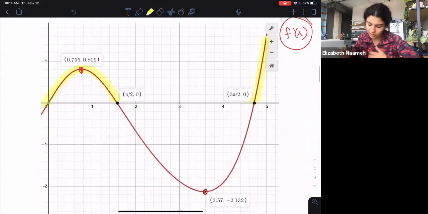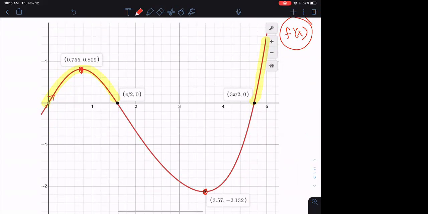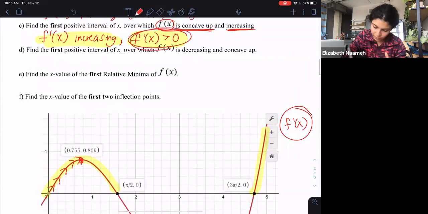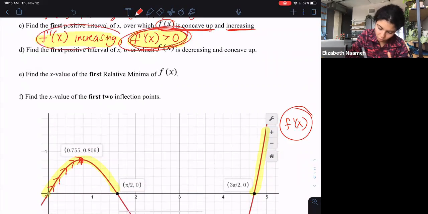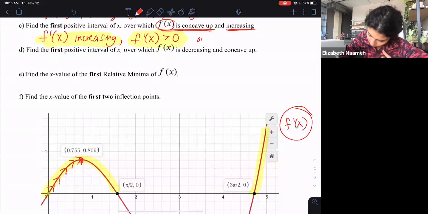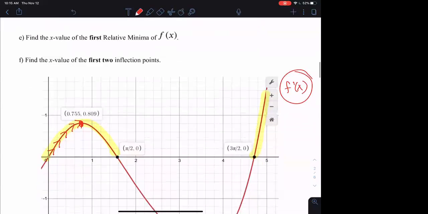Tell me where it's true. It's above the axis and it's increasing. And we only want the first interval. 0 to 0.755. Yep. You can say it with confidence, Kaylee. Not only is the graph above the axis, it's also increasing, meaning that f is concave up and increasing. So on 0 to 0.755. Nice.